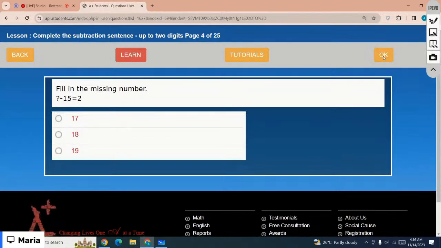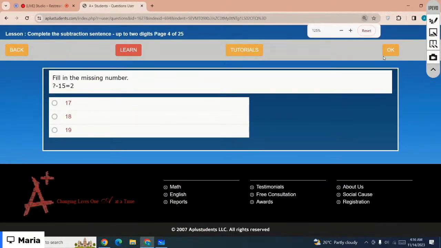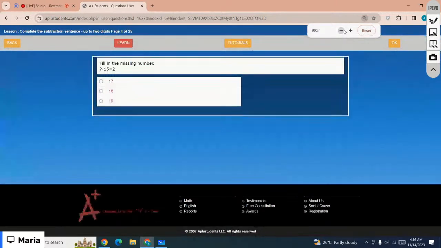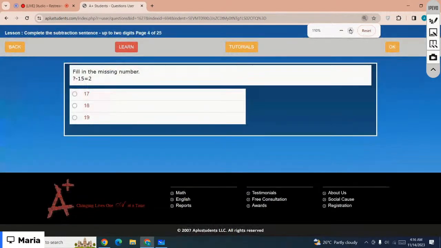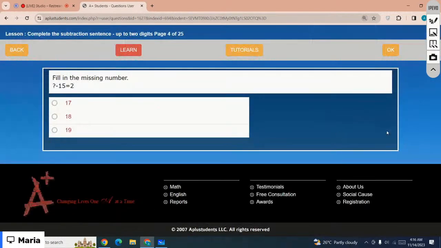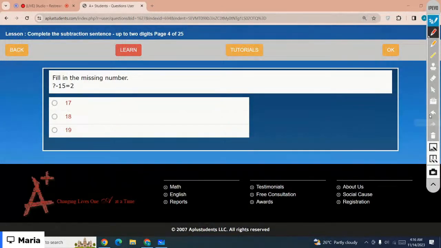Okay, fill in the missing number. So which is the correct option? Missing number minus 15 equals 2, right? Okay, let's just see which number is missing. So just add 15 both sides because you have to remove that 15 from here.